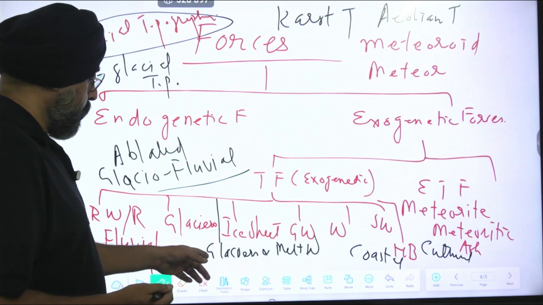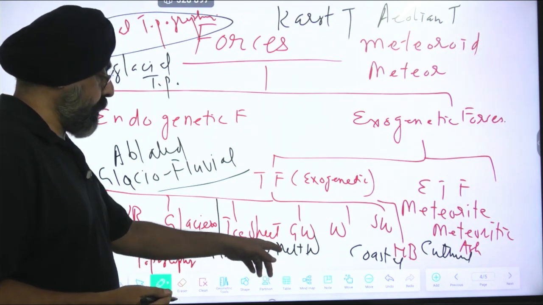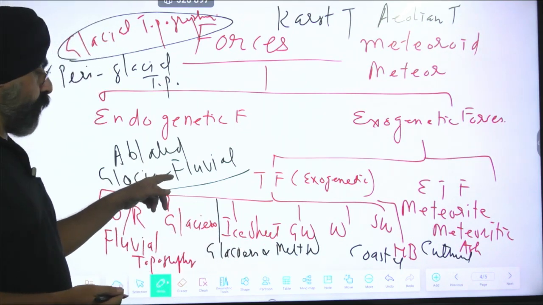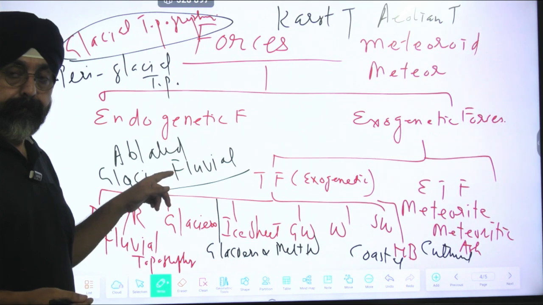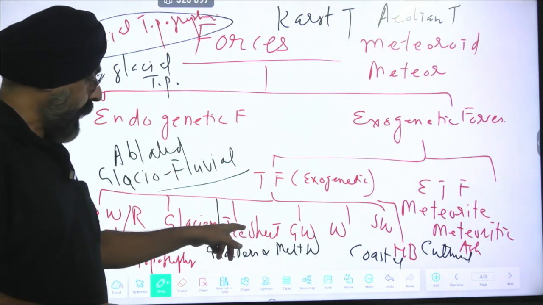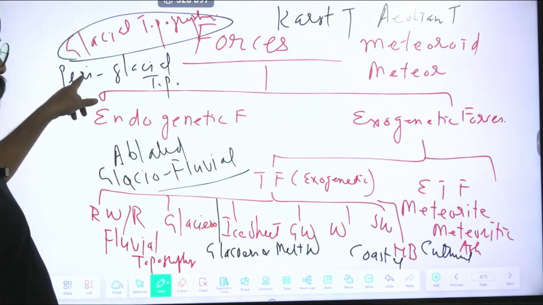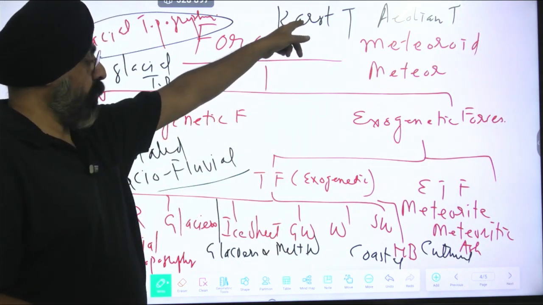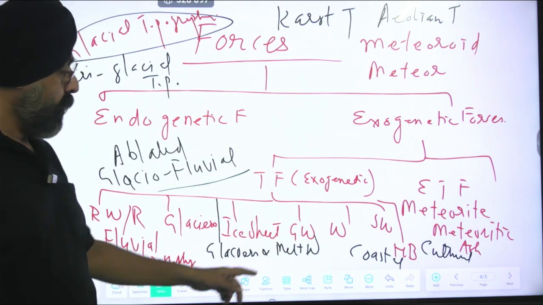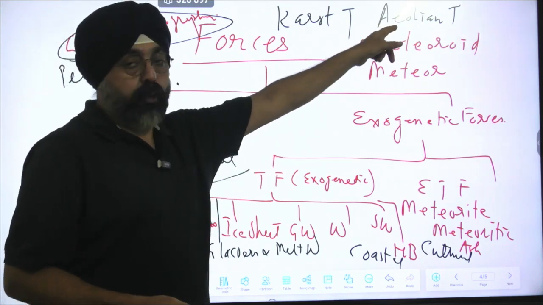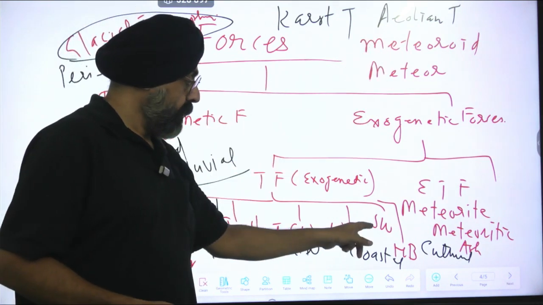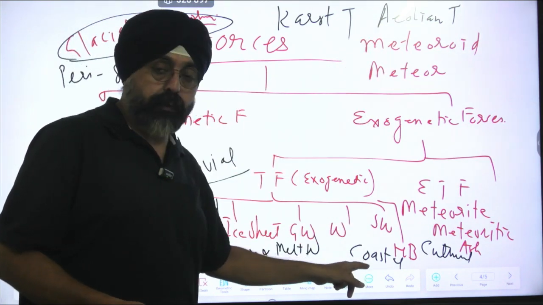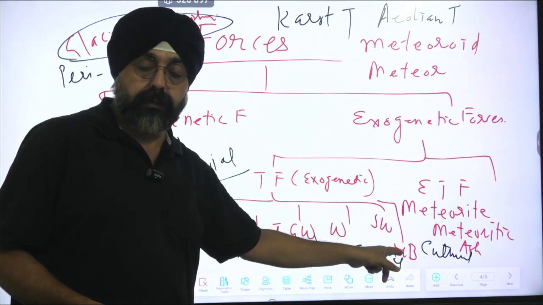Then we have glaciers and meltwater, glaciofluvial topography. Ice sheets, periglacial topography. Groundwaters, karst topography. Winds, aeolian topography. Sea waves, coastal topography. Human beings, cultural topography.